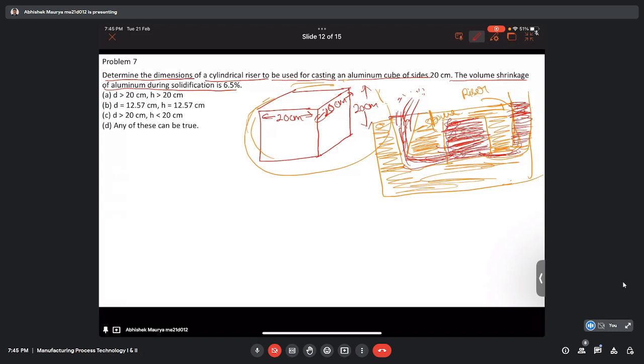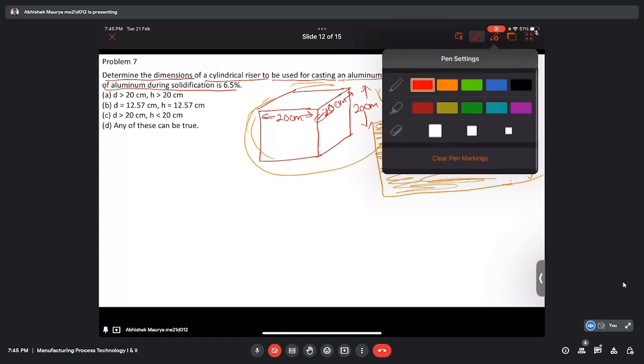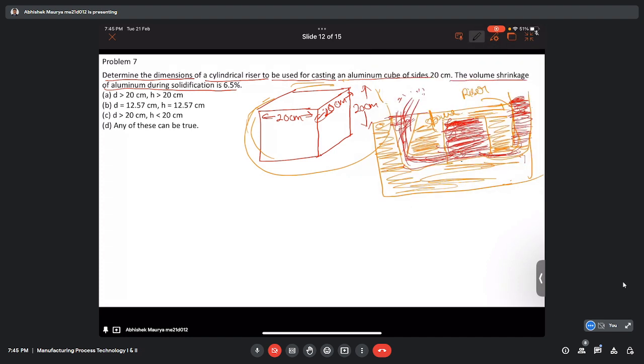When the mold is completely filled, and the metal starts coming out from the riser, we will stop the pouring, and we will leave the casting for solidification. After some time, some of the metal will start getting solidified.